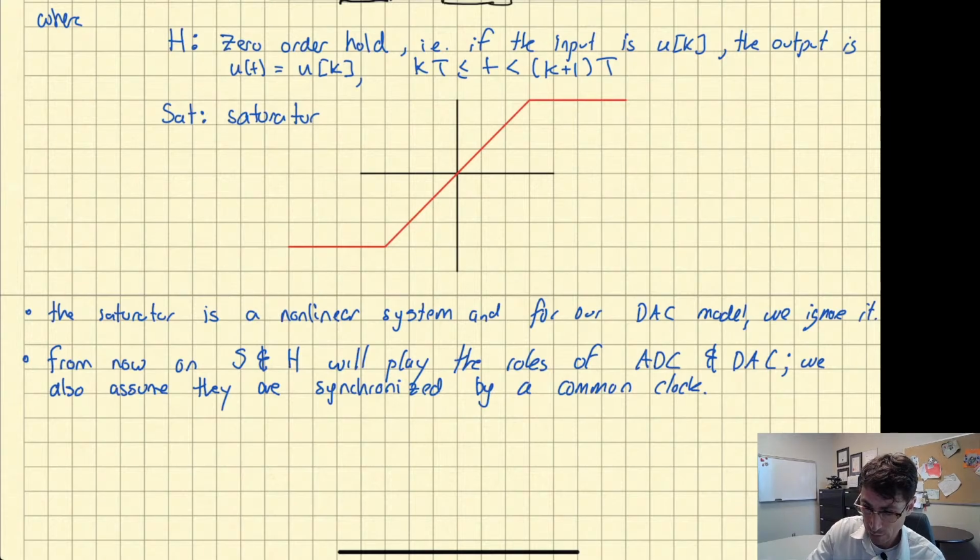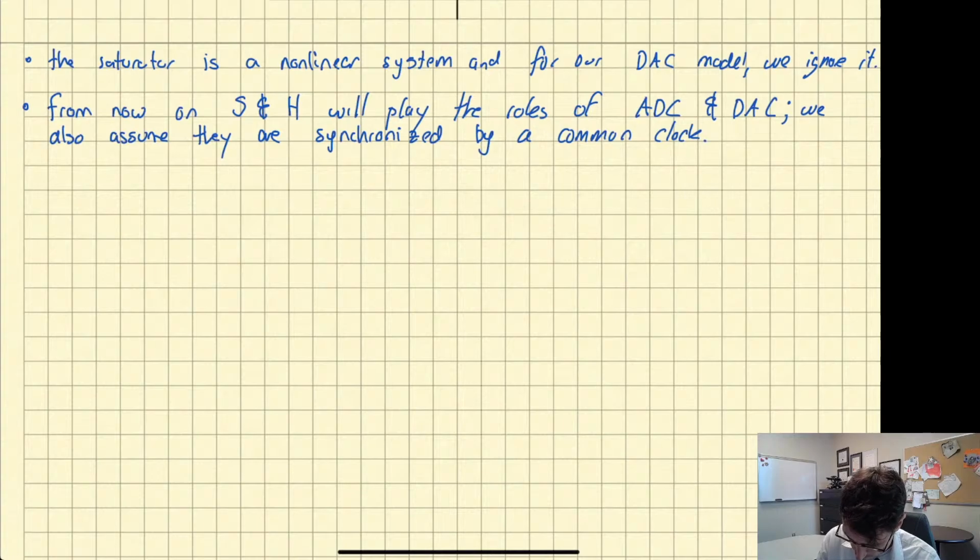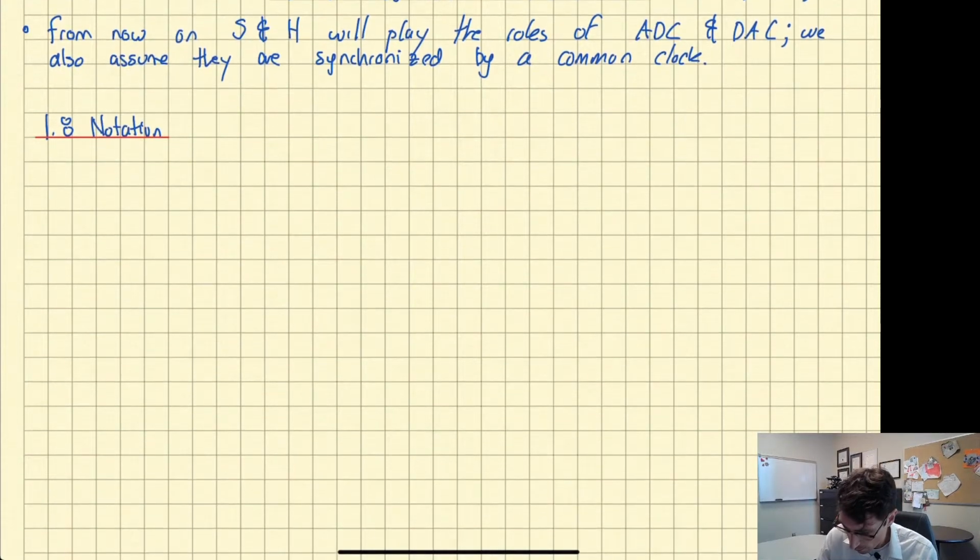Okay, so that's basically it for chapter 1. I just want to make a small provision here to talk about notation that will come up in this course, very briefly.